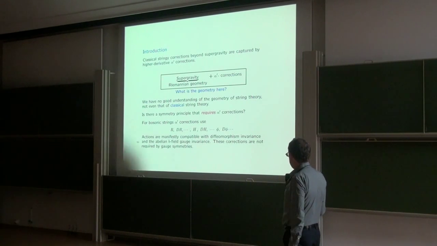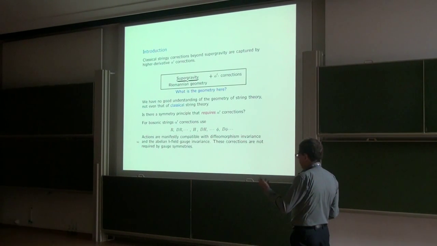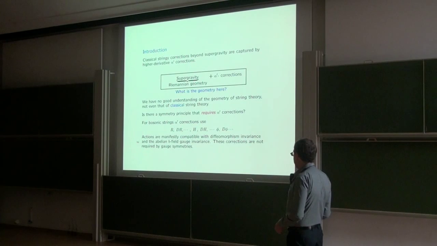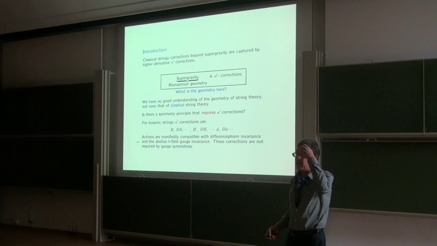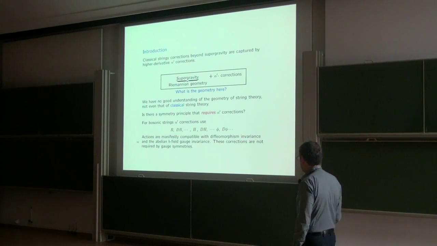So whatever higher derivative corrections you write, if you write them in terms of these tensors, this would be diffeomorphism invariant, and the gauge symmetry does not put any constraint pretty much on the kind of terms that you will have.